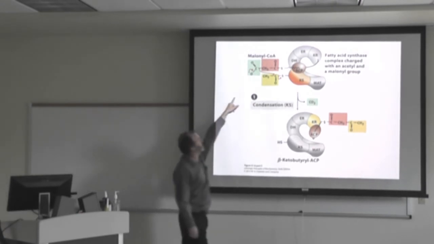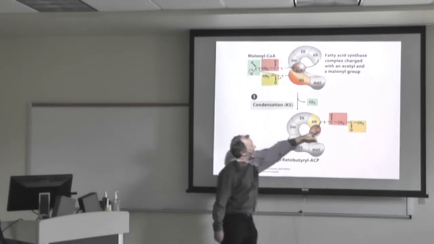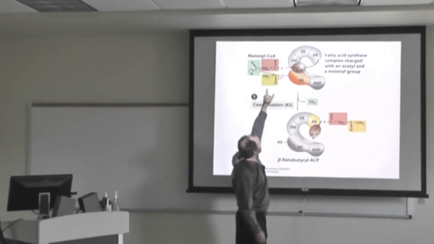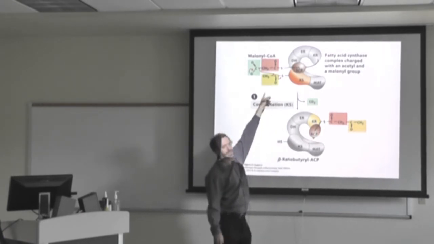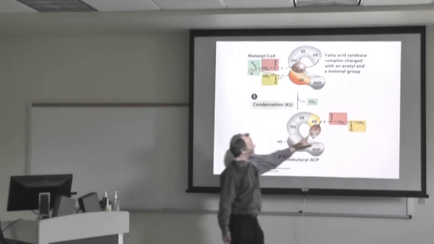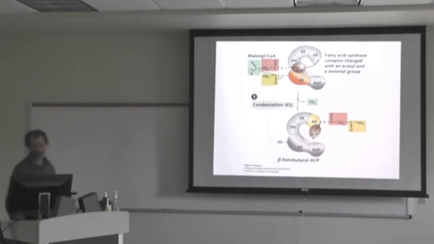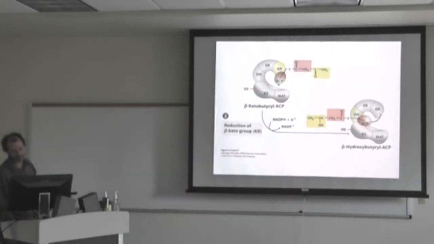Decarboxylation occurs, and you get the formation of the beta keto acid that is now attached to the tail end of that acetate that was the malonyl-CoA that's still on the acyl carrier protein. Then we get reduction to an alcohol.